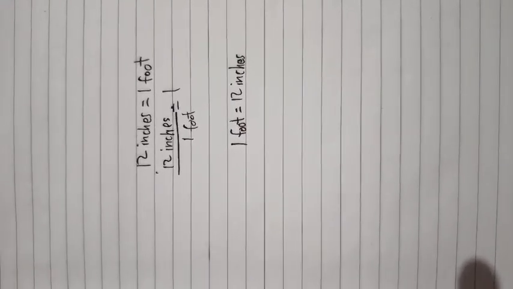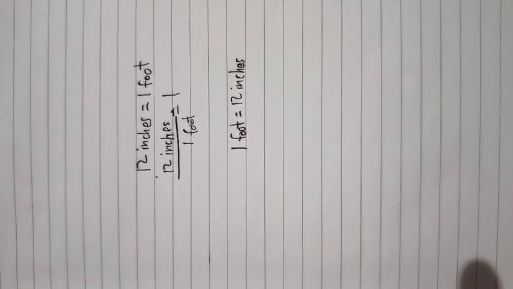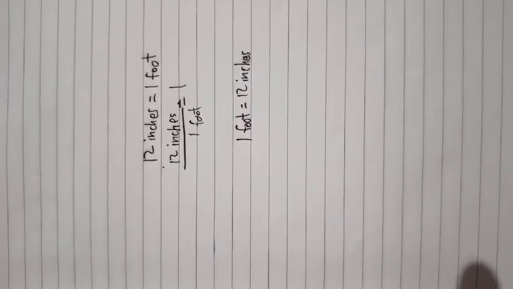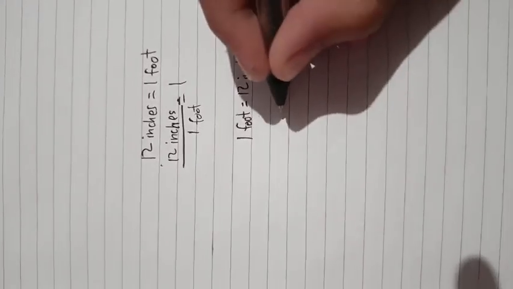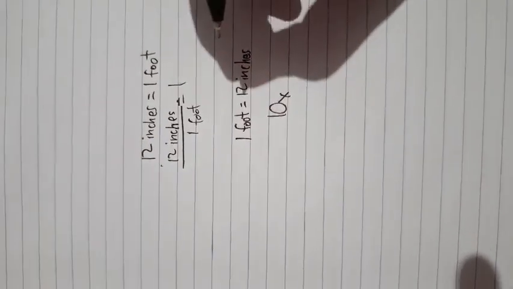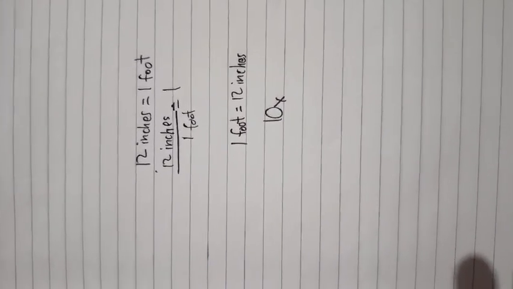Now, for the metric system. The metric system is very simple. It's way simpler than the English system actually. It's because it's built on the powers of 10. This design makes conversion more systematic and logical. Now, as an example, let's convert 6.2 meters to centimeters.